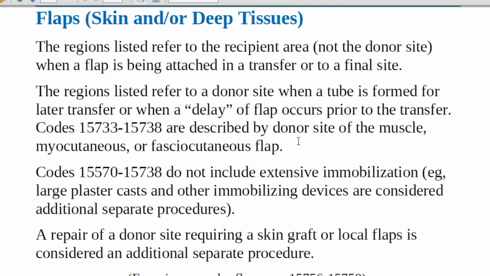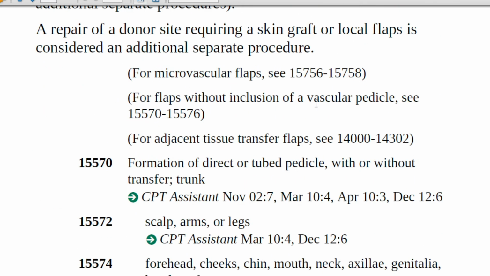So this is the integumentary subsection flaps in the CPT book, and we have the code 15570, and the description of this code is formation of direct or tube pedicle with or without transfer. The first example I explained is related to this code description.